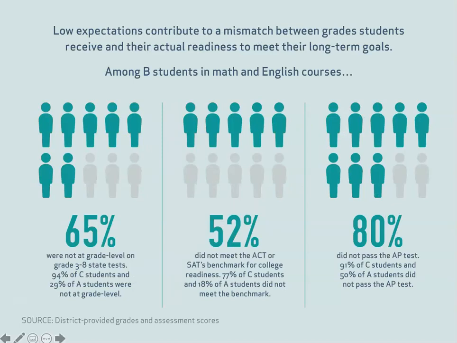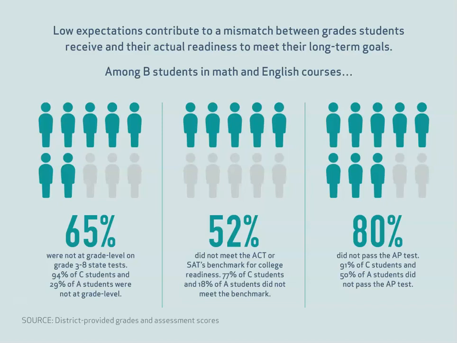The low expectations that we uncovered also seem to contribute to a mismatch between the grades students receive and how prepared they are to demonstrate the skills they need to reach the goals they've set for themselves, which consistently included college. Across every assessment that we looked at, state level assessments, the ACT, the SAT, and the AP exams, students got signals through their grades that they were learning what they needed to, but did not demonstrate that they were prepared for what came next via their performance on these assessments.